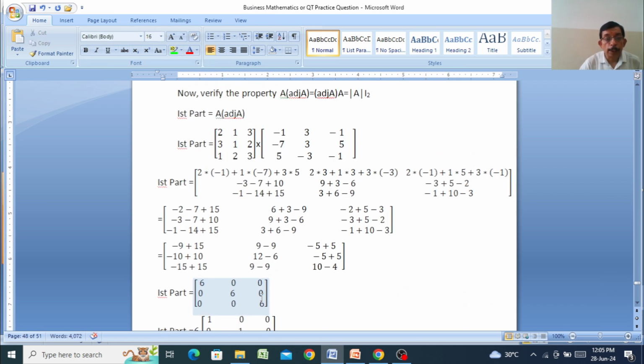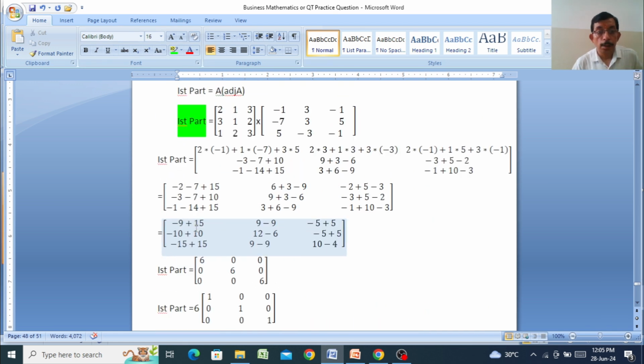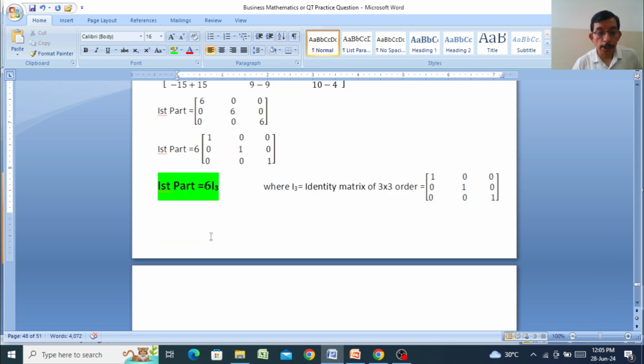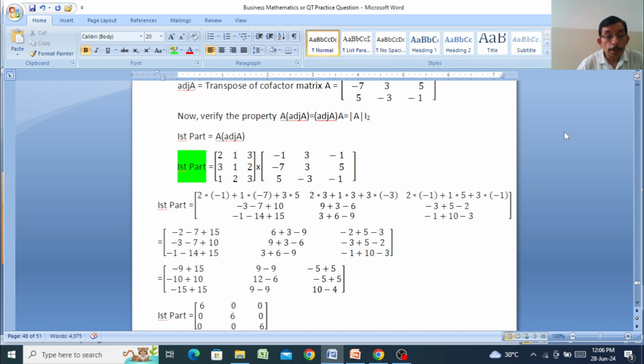Now we come to the second part. Second part is equal to, what is the second part?